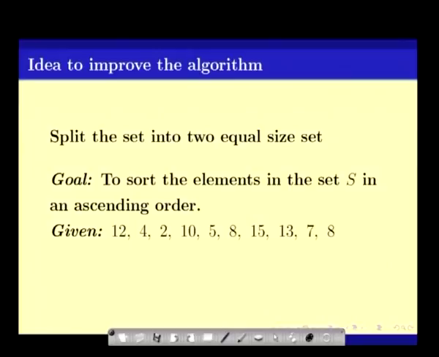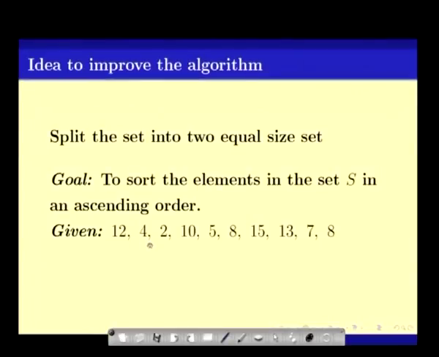Now, the first and most natural thing to do is, okay, we have to split our set S into two equal halves. Till now we were picking an element and splitting according to the pivot. But what happens if we just brute force split it? For example, we have 12, 4, 2, 10, 5, 8, 15, 13, 7 and 8 as the set S, and we just split it right in the middle.